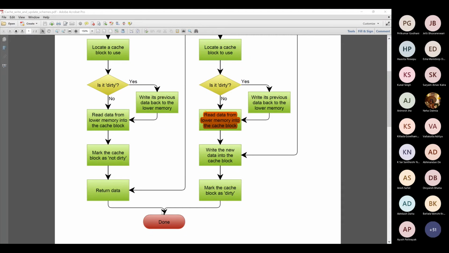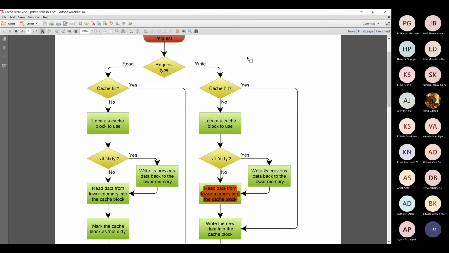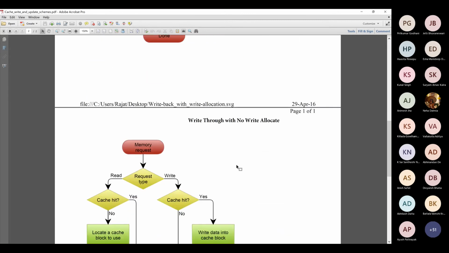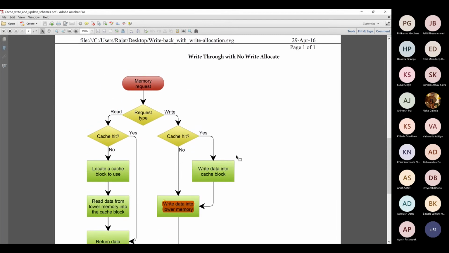There are two write hit policies, write back and write through. There are two write miss policies, write allocate and write no allocate. They are combined into write back with write allocate and write through with write no allocate. Why are they combined like this?